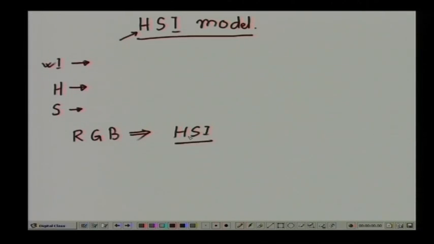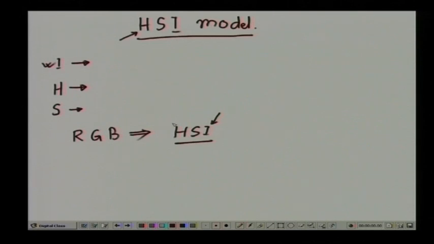Now, this HSI model has other importance also, in addition to human interpretation, because it decouples the intensity information from the color information. I gives you the intensity information, whereas H and S, the hue and saturation together, give you the chromatic information.